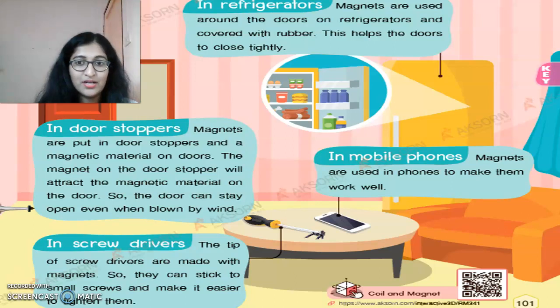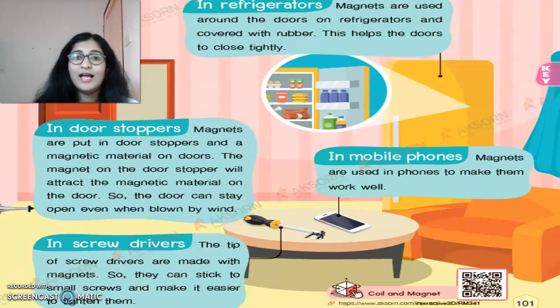Inside the rubber we have magnets for closing the door tightly. So the first thing is magnets are used in refrigerators. We have a rubber coating on the side, so the doors will close tightly.